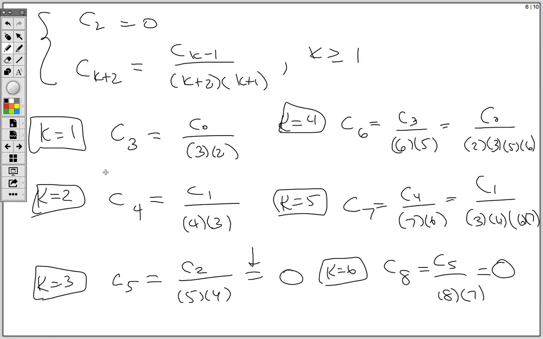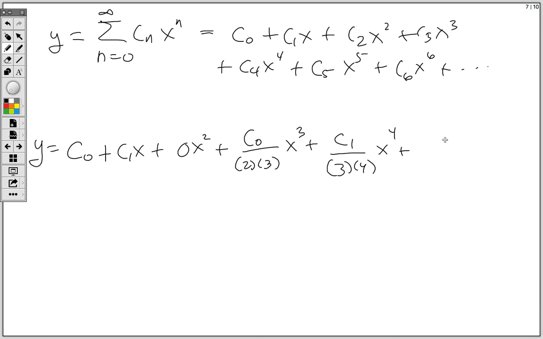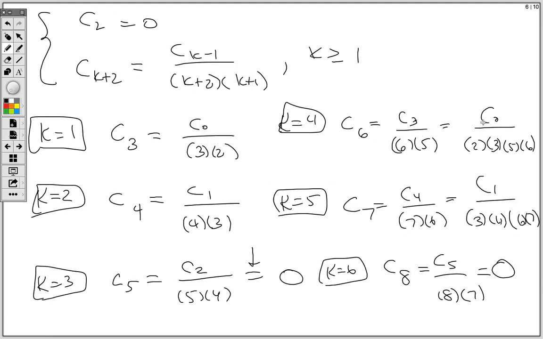And then c5, well, that was 0 again. c6, we got in terms of c naught.